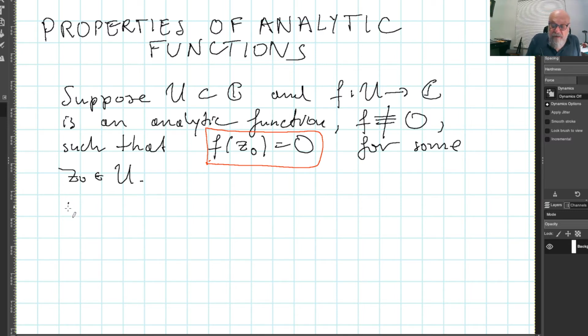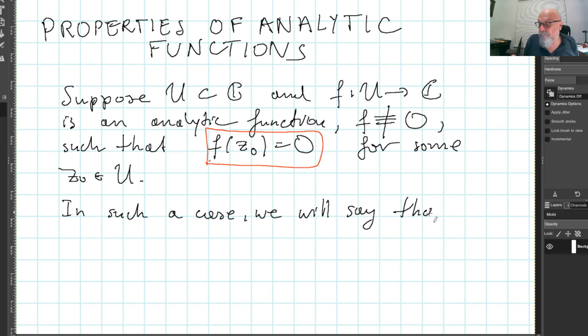In such a case, we will say that z0 is a zero of the function f of z.